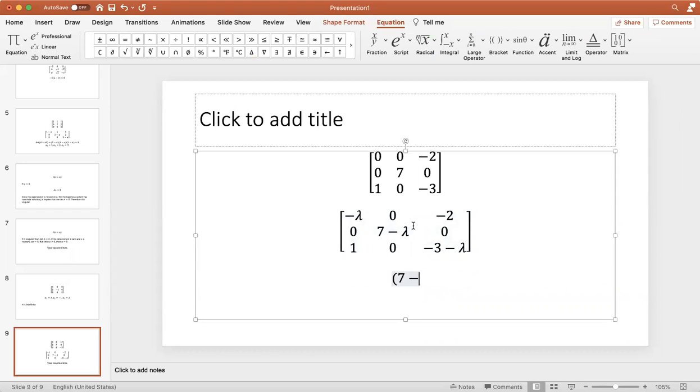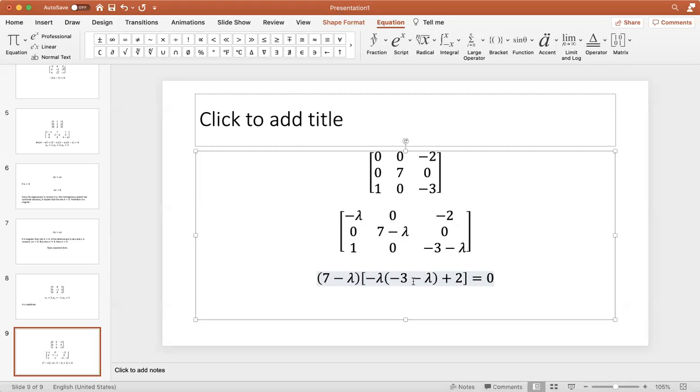So that's going to be 7 minus lambda times the determinant of the matrix obtained by deleting the second row and the second column. So that's negative lambda times -3 minus lambda, plus 2 equals 0.